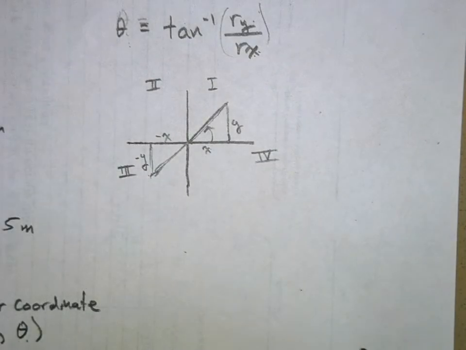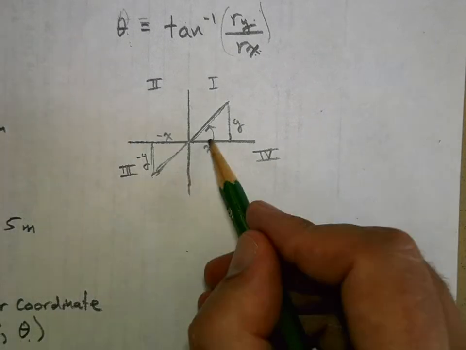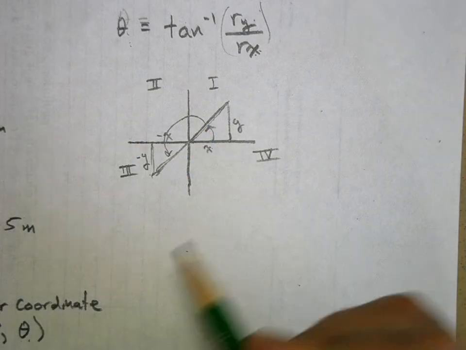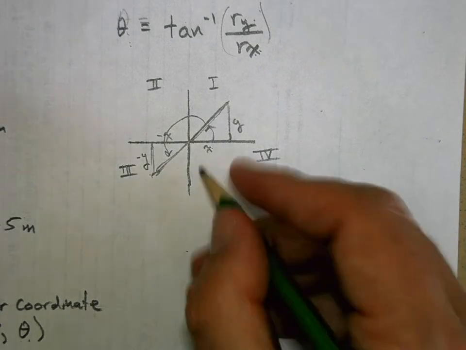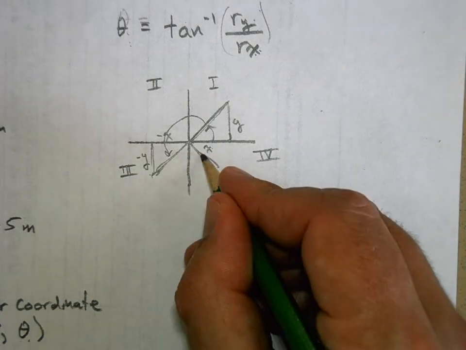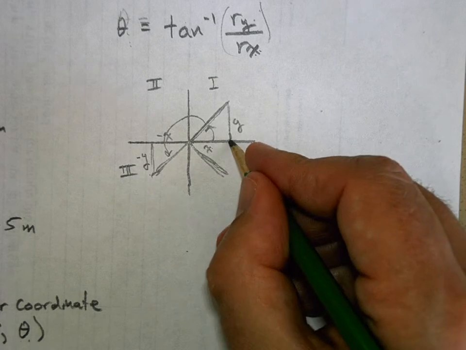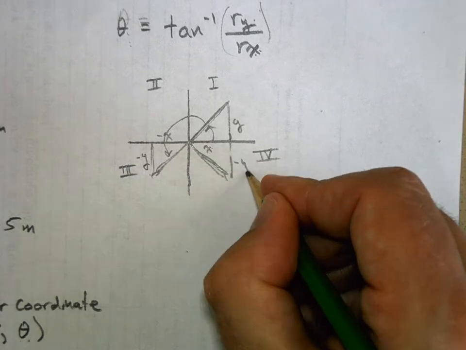So what do you have to do to get the correct angle if you're going to measure the angle from the positive x-axis? If we want to measure the angle in polar coordinates, we want to measure the angle from the same place. You have to add 180. Now, what if you have negative y but positive x?